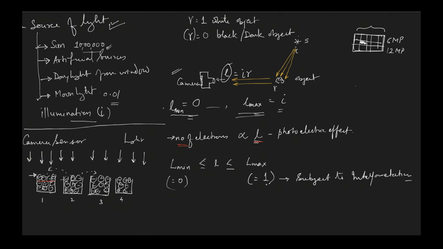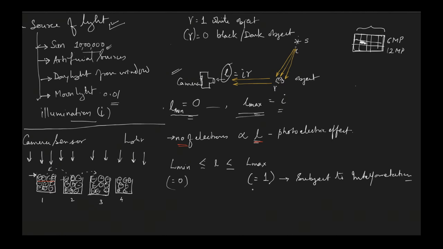In some cases the L max can be very large, in some cases the L max can be small, but whatever is the L max value, I may call it for the time being as 1. I will tell you in the next class how this can be interpreted in a different way. But then your intensity values can range from 0 to 1.